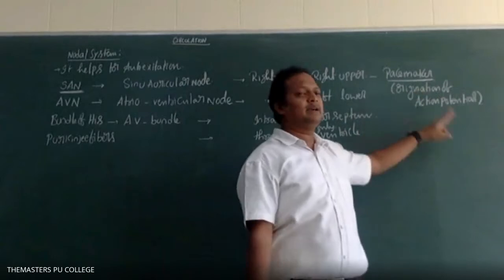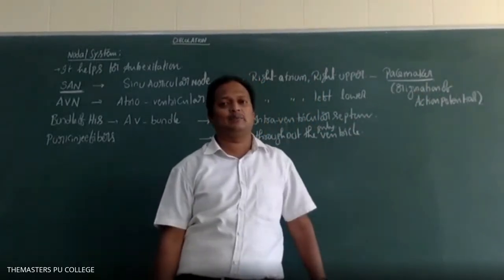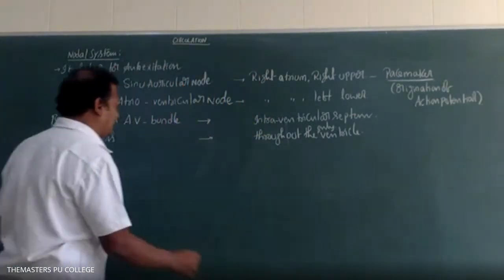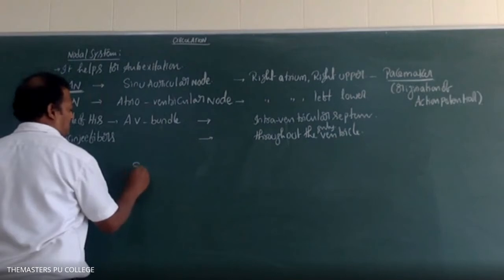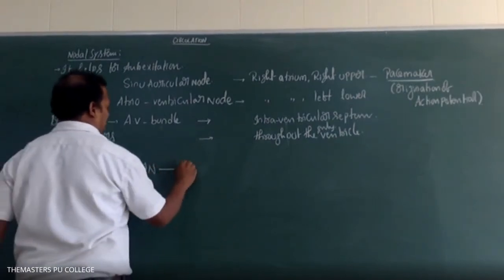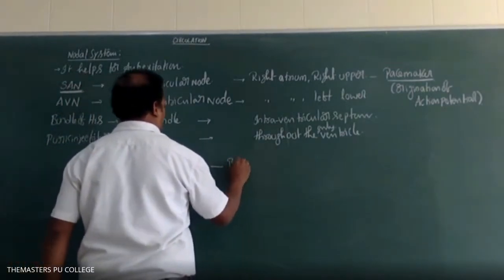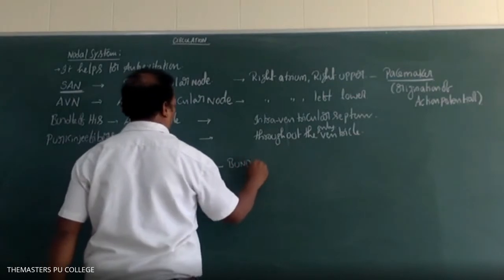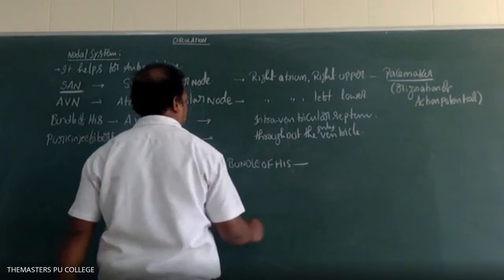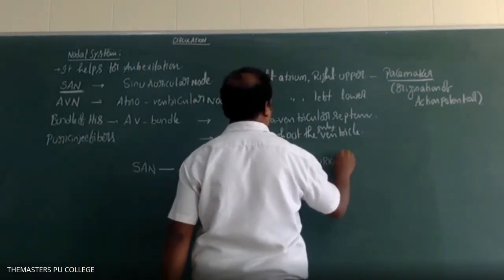Why is it called the pacemaker of the heart? Because of the origination of action potential. So what is the route of the action potential? Where does it originate, students? SAN to AVN to bundle of His, the AV bundle. Next, from there to Purkinje fibers.